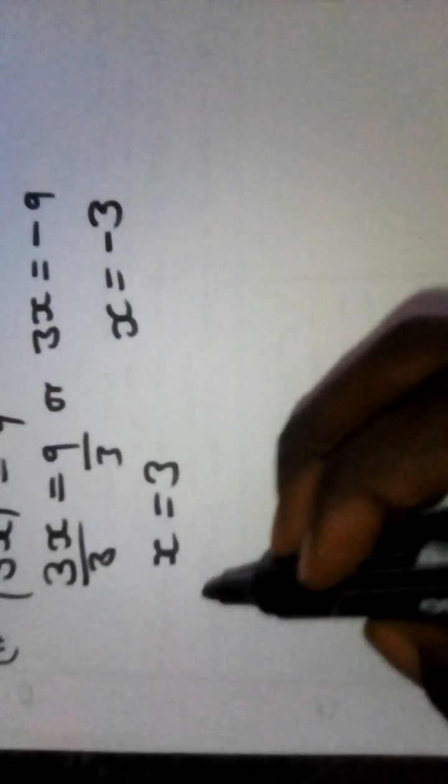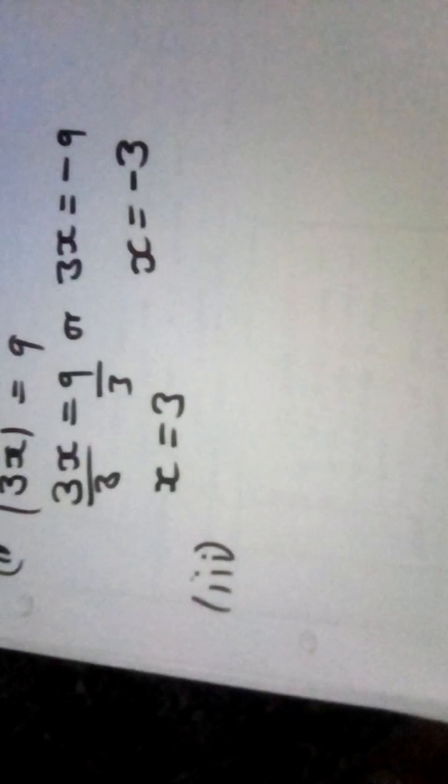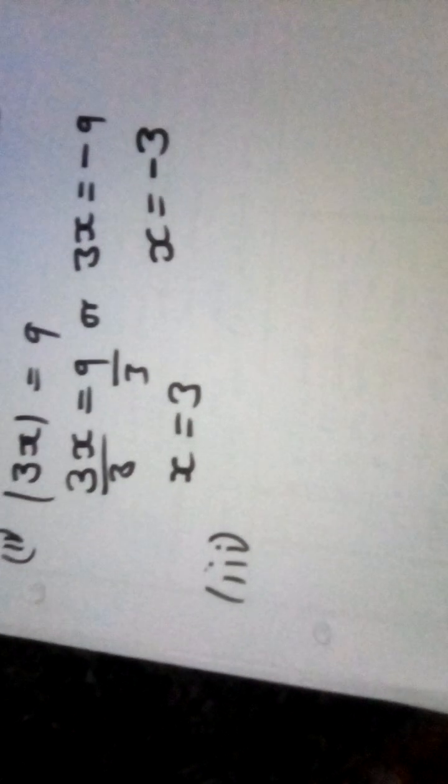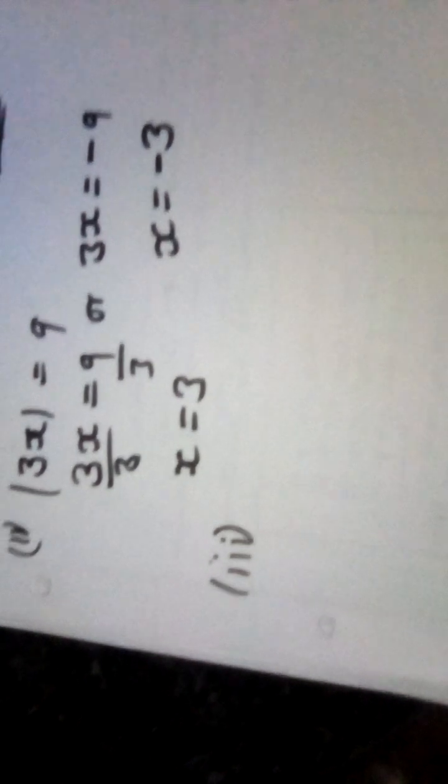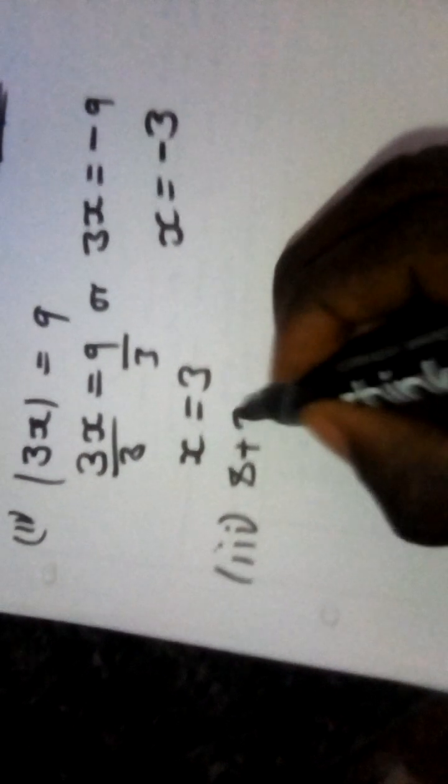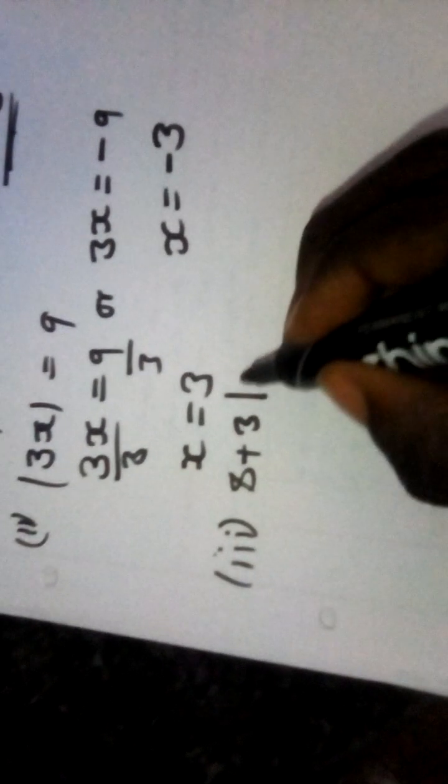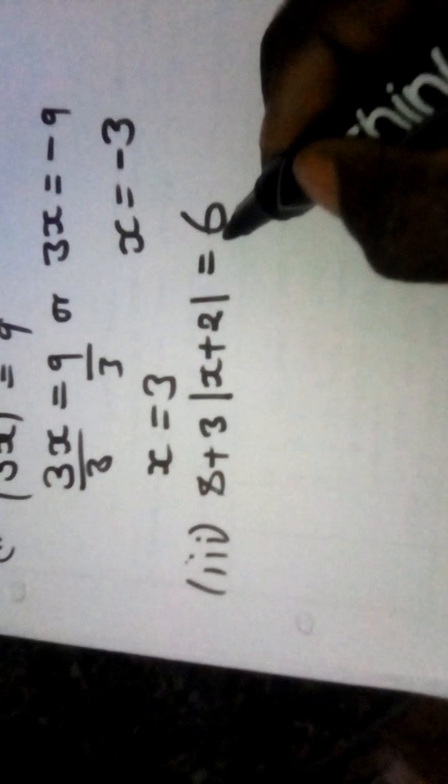Now, let us look at something that is seemingly complicated, but it's not the case. Suppose we are given this equation, 8 plus 3 times the absolute value of x plus 2 is equal to, maybe say, 6.